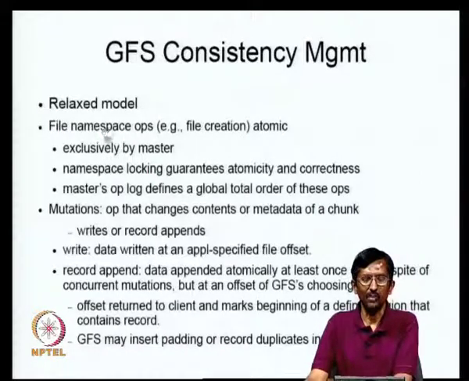Now the file name operations or namespace operations are done exclusively by the master. It is not done by the clients. So, you need to guarantee atomicity and correctness of these operations, and that is done through locking.